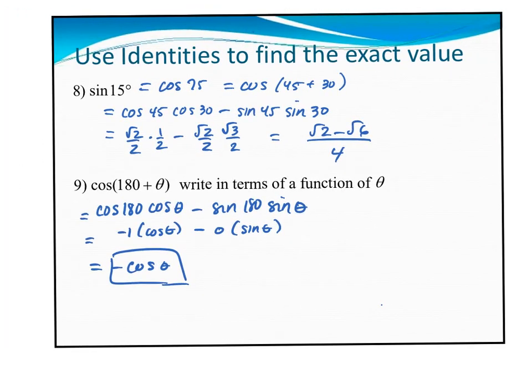All right, now in this next problem, I give you sine of 15. And a lot of students think that the formula works the same way, except maybe they switch the order of the functions for sine, and that is not true. We currently do not know the formula for a sine angle sum or sine angle difference. Instead, what you want to do is use our idea of cofunctions and rewrite sine of 15 as cosine of 75.